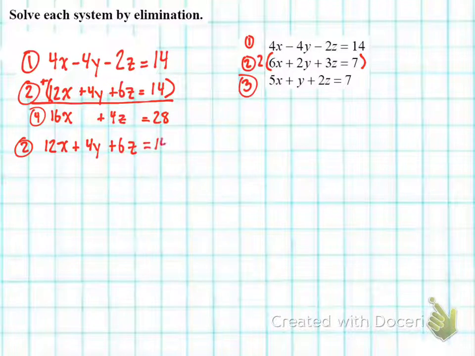is equal to 14. Then equation 3, what do I need to multiply equation 3 by to get 4y? Look back at equation 3. What would I need to do to modify equation 3? Multiply it by 4. Okay, so we got 20x plus 4y plus 8z is equal to 28.